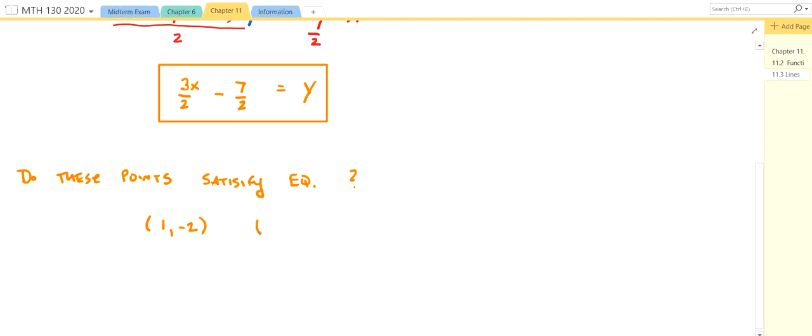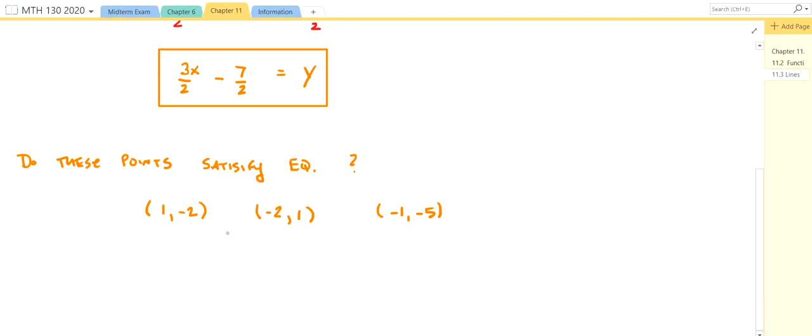Maybe I'll ask it about this point where x is minus 2, y is 1, and perhaps this point, x is minus 1, y is minus 5. So how might I determine if those points satisfy the equation above up here? Well, the simple way is to put these points in the equation, and if they satisfy it, the left side has to equal the right side.